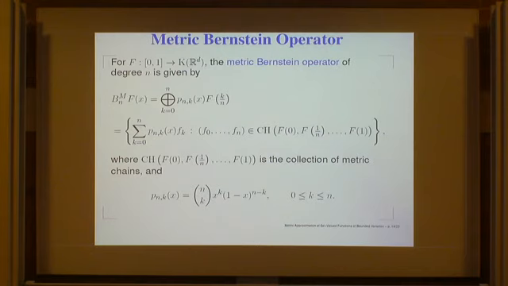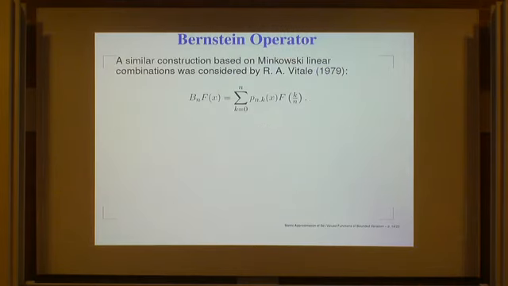So let's do the same for the set-valued function, but here this sum is now the metric sum. Okay, if we work not with the metric sum, but with the Minkowski linear combination, this is what was done by Vitale in his papers.